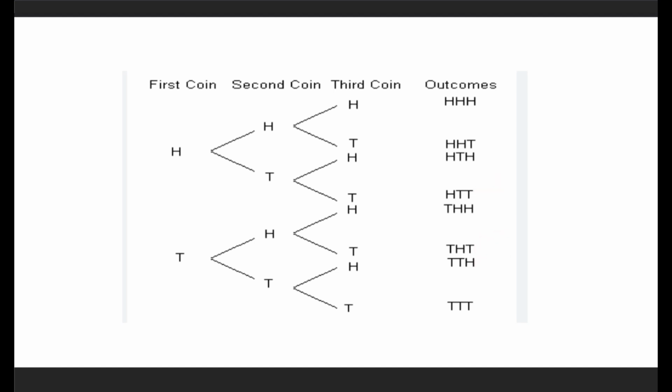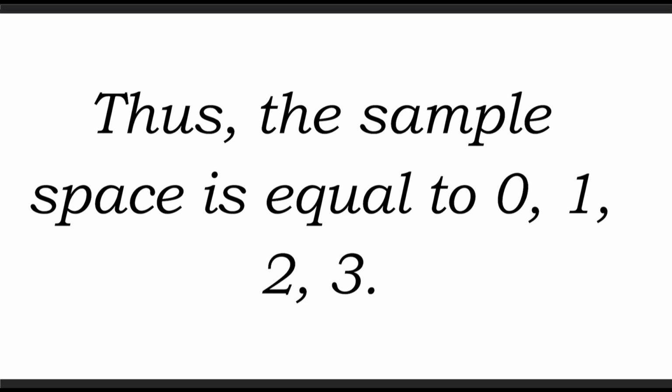And there might be 2 heads appear in these outcomes, and here, and here. And of course, there might be 3 heads that appear. Okay? Thus, the sample space is equal to 0, 1, 2, and 3.